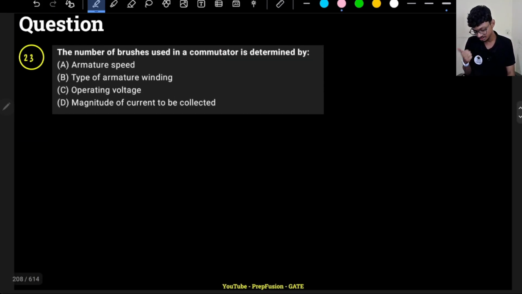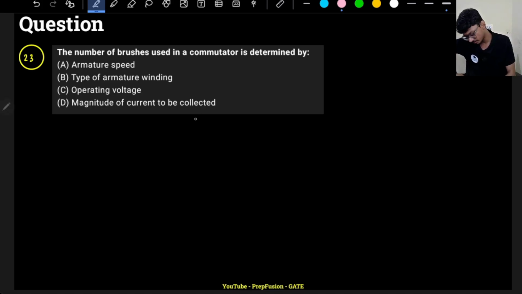The number of brushes used in a commutator is determined by what? It does not depend on the type of the armature winding; it depends on the amount of current to be collected.